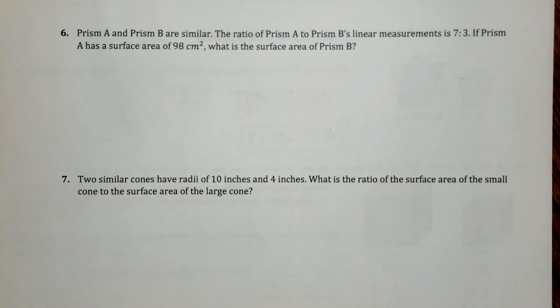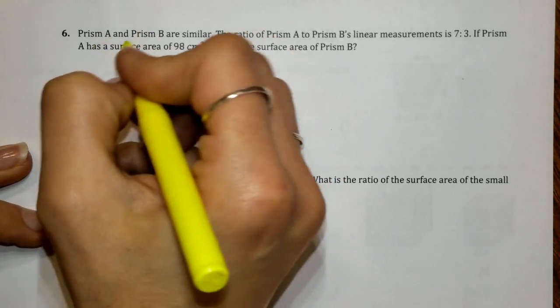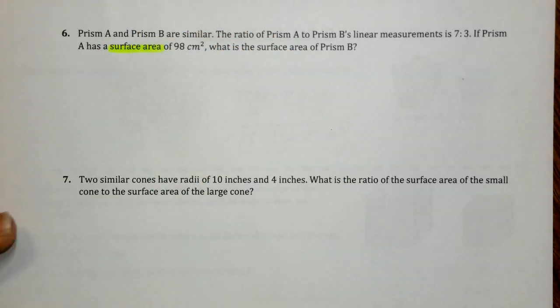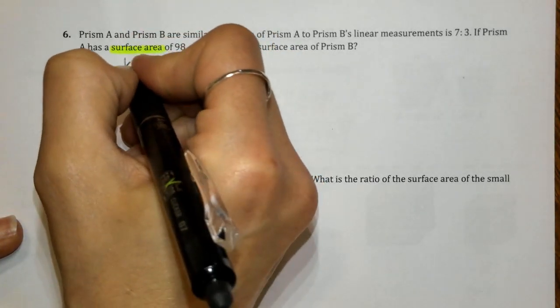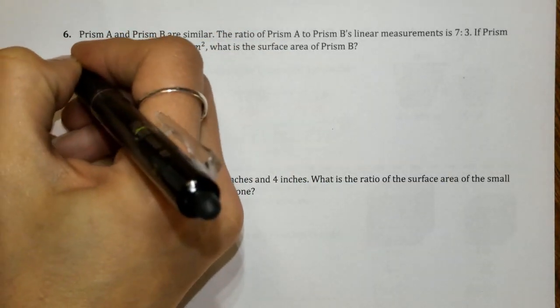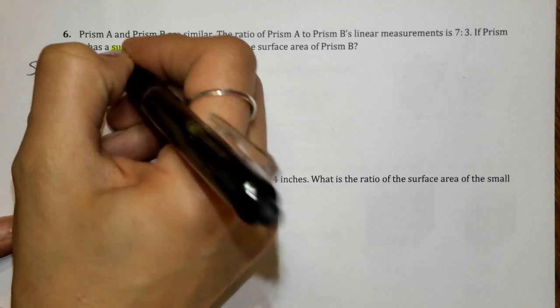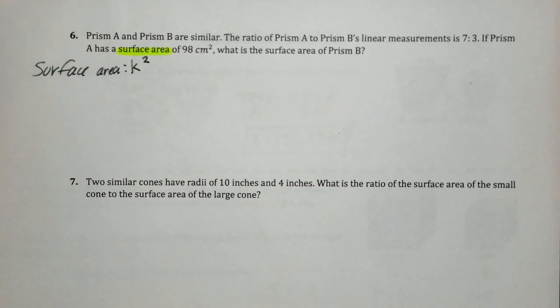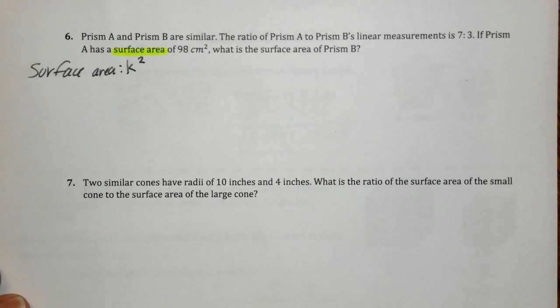Their linear measurements have a ratio of 7 to 3. If a prism has a surface area, okay, there we go, surface area. We know that we are going to square, because we do have surface area.